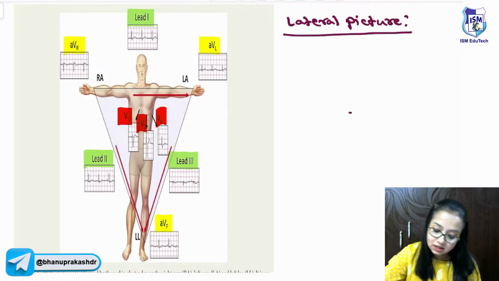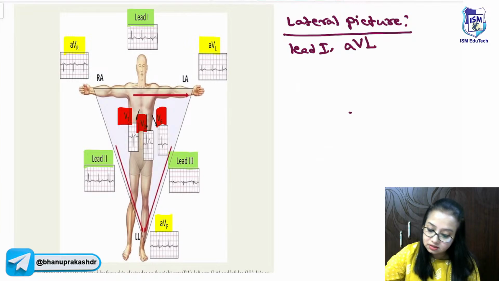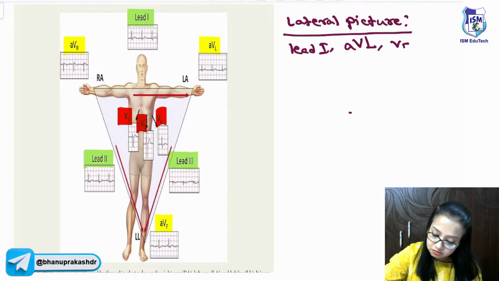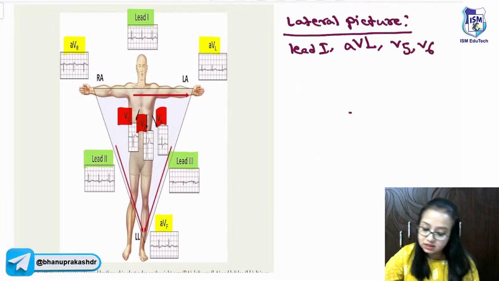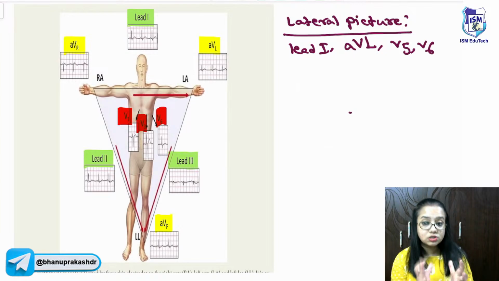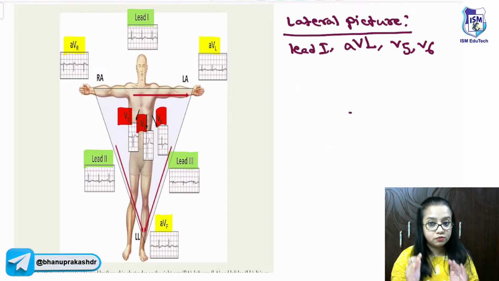The leads that show the lateral picture are lead 1 from the limb leads, augmented lead AVL, and from the chest leads, V5 and V6. These leads take the lateral electrical activity of the heart.